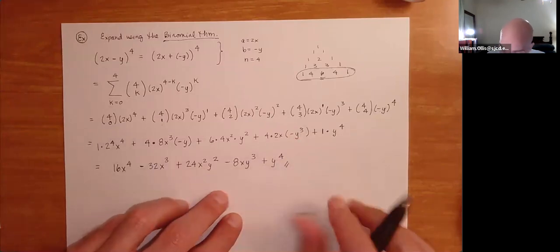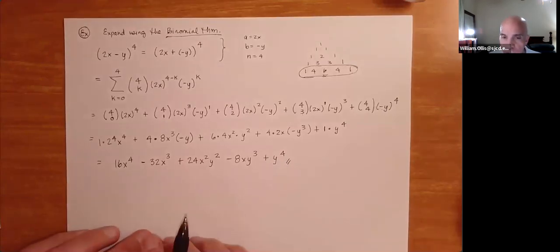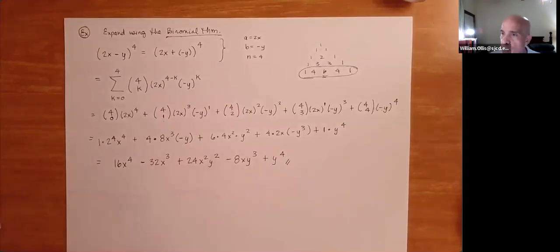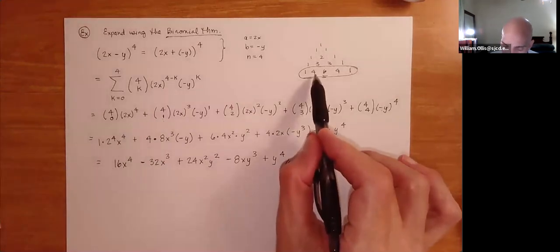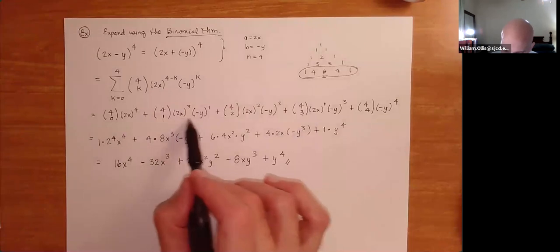Now, the thing about the binomial expansion is that it combines the terms for you. Of course, you can multiply all this out by hand, but as the power gets larger and larger, this becomes much more powerful. So again, what do these binomial coefficients do? They collect the terms that look like that.